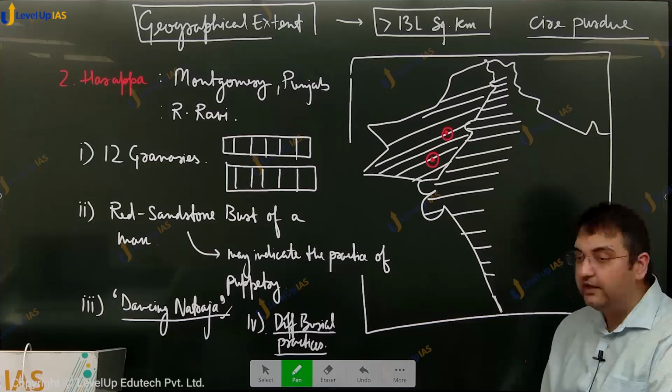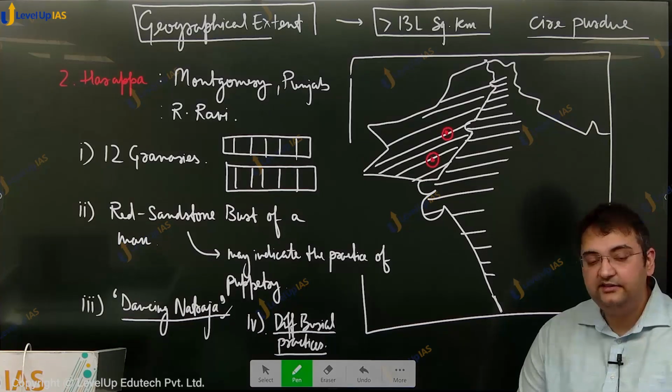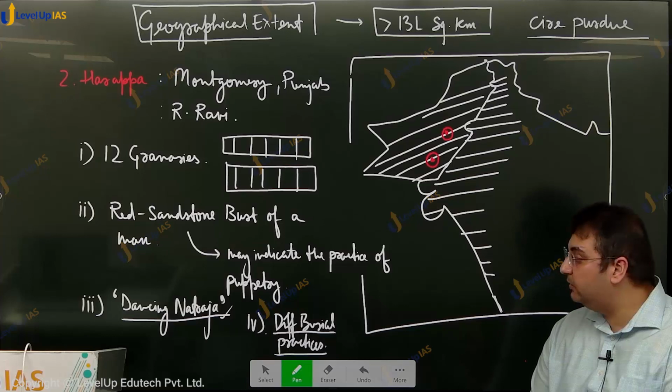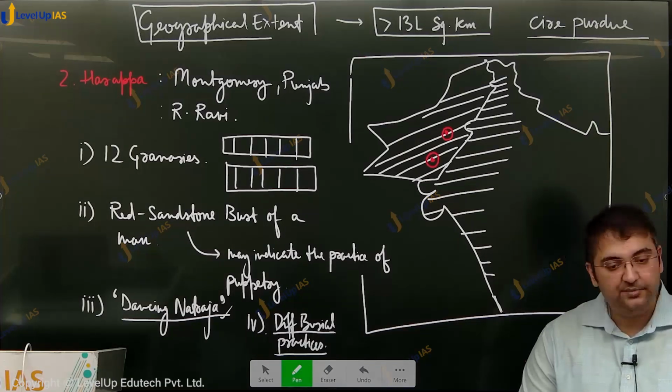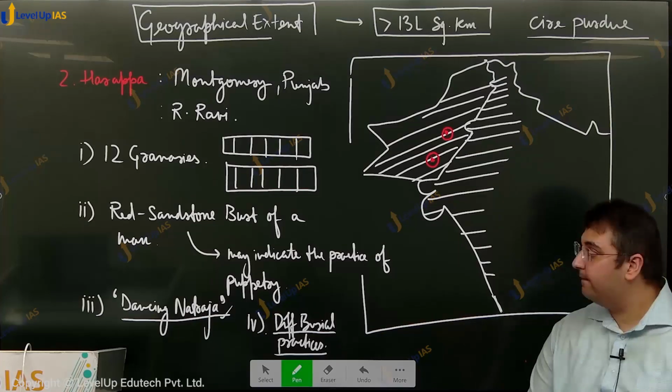That different ritual systems probably existed side by side, that these people belong to different religious faiths, right? So this indicates the presence of multiple religions at the site of Harappa. ठीक है?